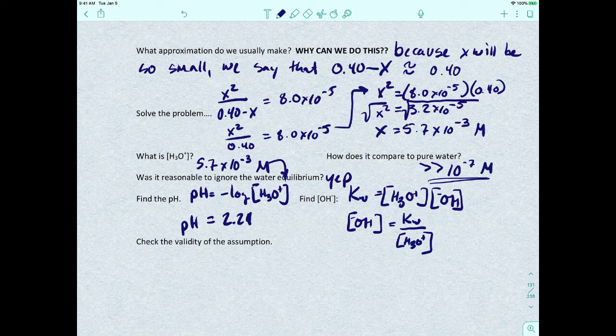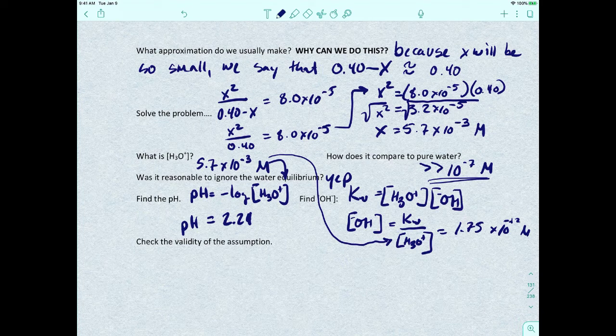If we take that value and pop it in, the concentration of hydroxide ion should be 1.75 times 10 to the minus 12th molar.